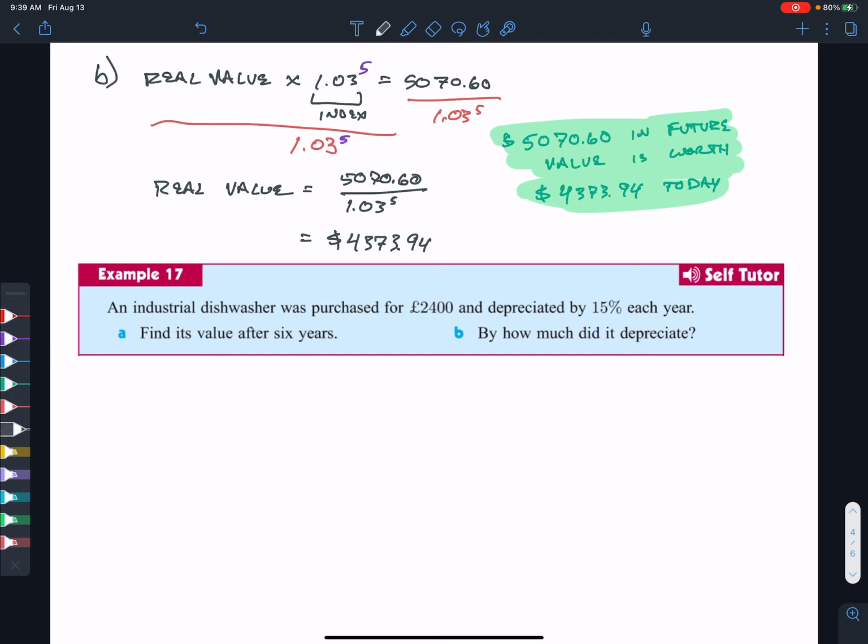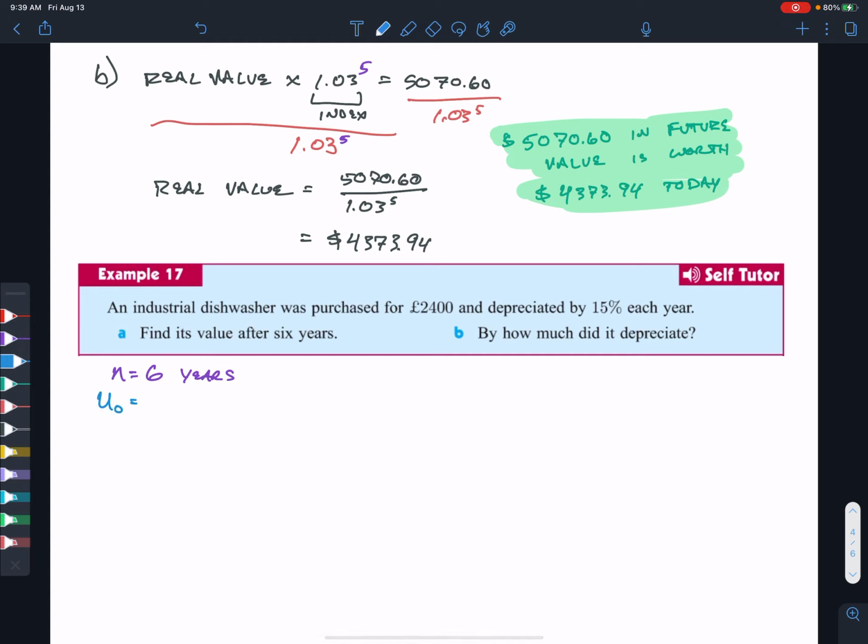So we know we want to find out what this thing is worth in 6 years. So let's make a little space here. Let's get rid of this. So we want to know what it is when n is equal to 6 years. Now, inflation or depreciation usually is only calculated every year, so you don't have to do a whole big adjustment. And we're going to have our u of 0.